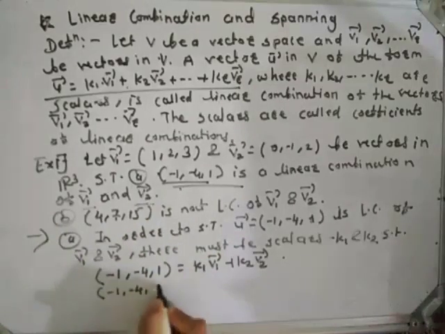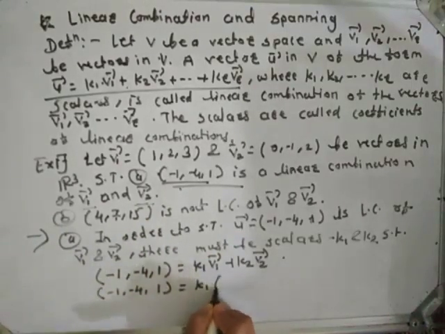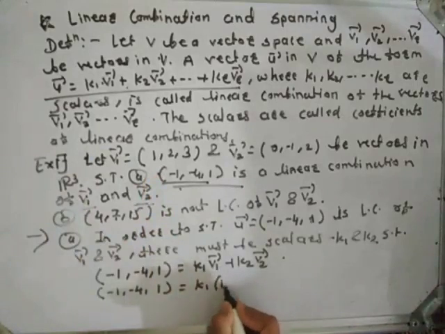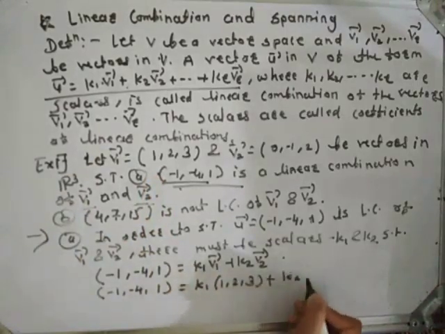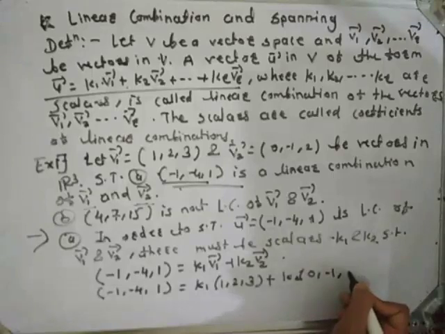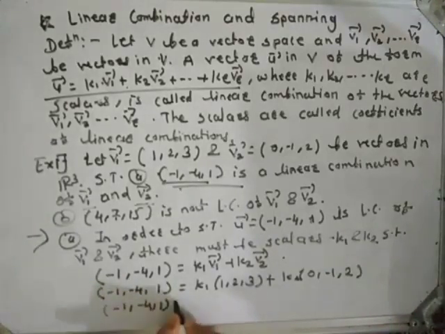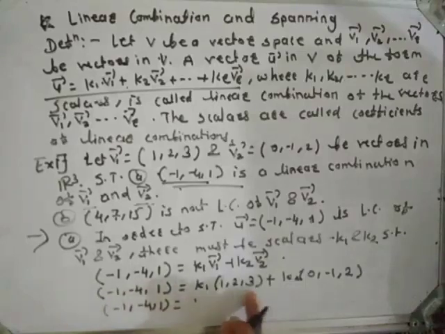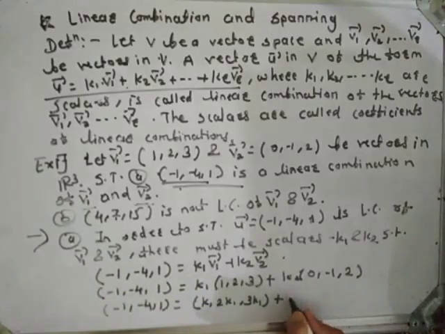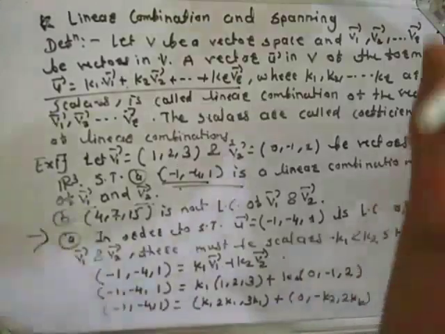This can be written as K1 times V1 bar plus K2 times V2 bar, putting the values: 0, -1, 2. Okay. Simplify it. We will get the vector -1, -4, 1 is equal to K1, 2K1, 3K1 plus 0, -K2, 2K2. Simplify this.